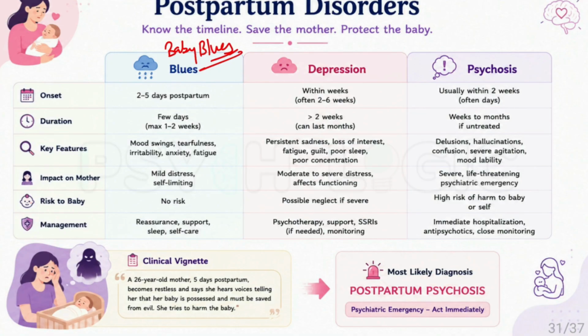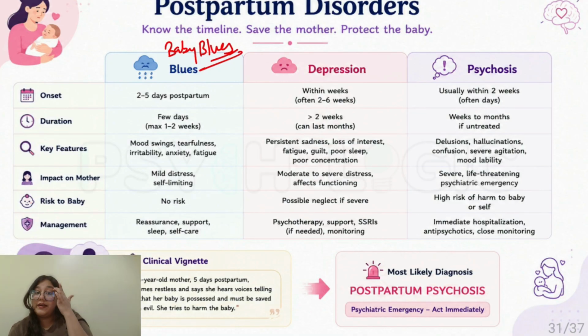One time she was smiling and then later she's crying. This is very normal and very common a few days after childbirth. It is self-limiting. It usually resolves itself within a few days or 2 weeks without any medication required. There is no significant risk to the baby. She just needs reassurance, family support, adequate sleep, time to recover. It's common, it's mild, it's temporary.